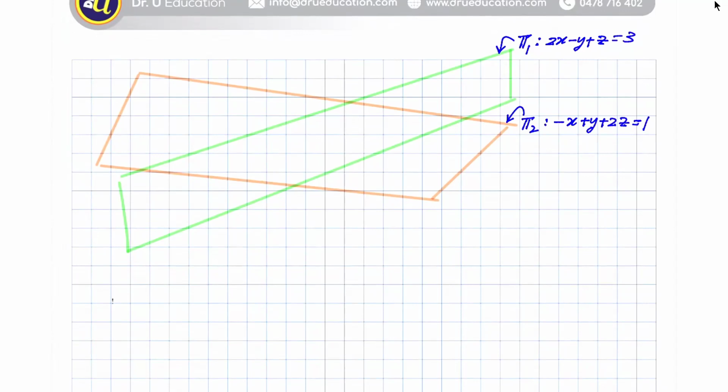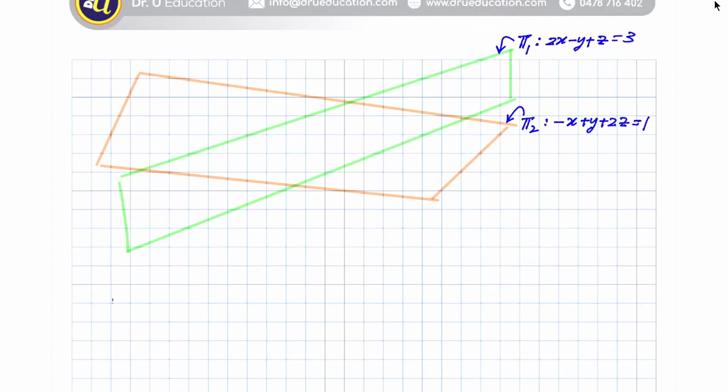Two lines intersecting means it's a simultaneous equation. So you can solve a simultaneous equation, two variables, two equations, to find x and y. Here, you have two equations, but you have to find three unknowns, x, y, z. Right?